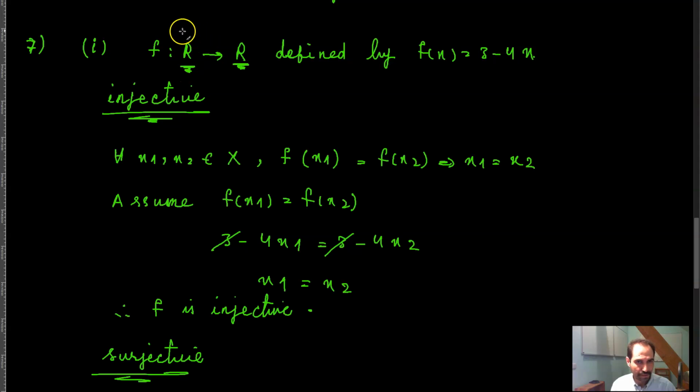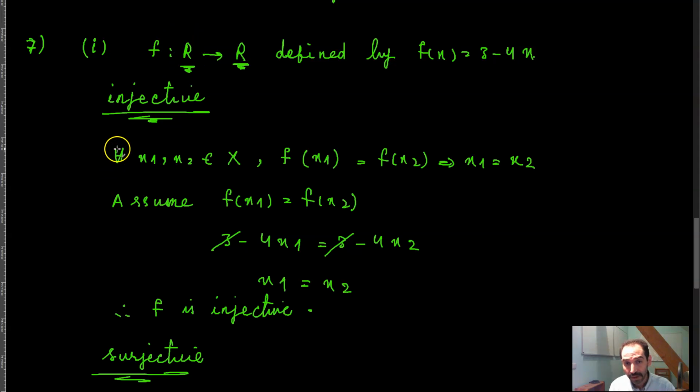Or you need to show that every real number in the codomain of the function is the image of some element in the domain.